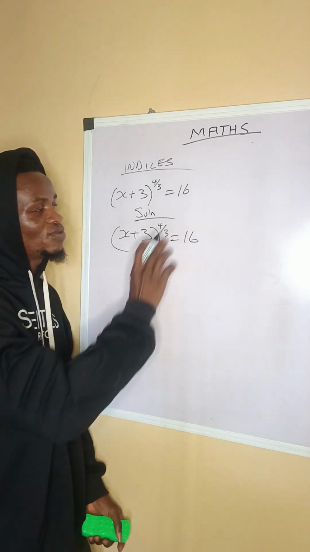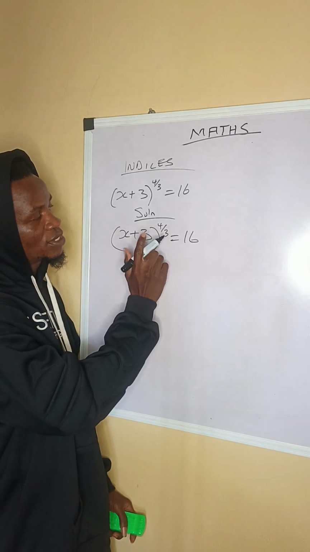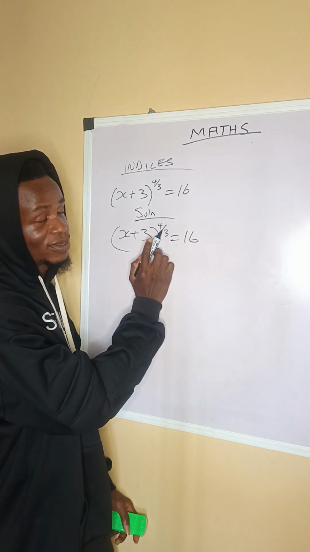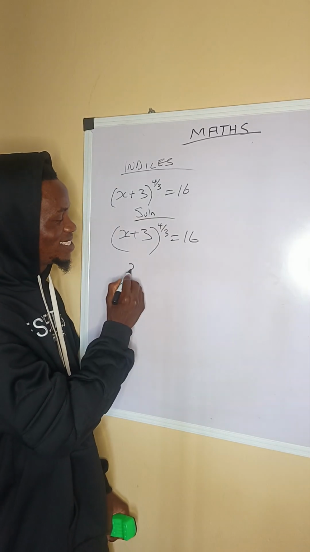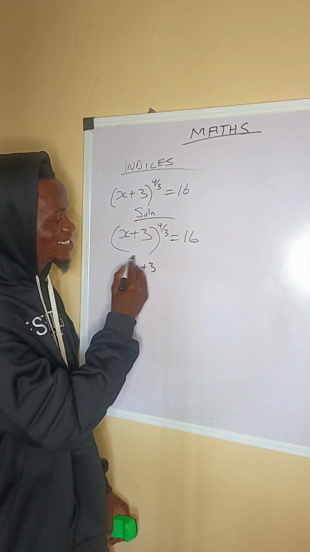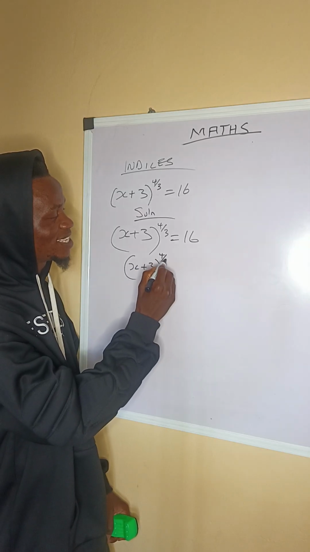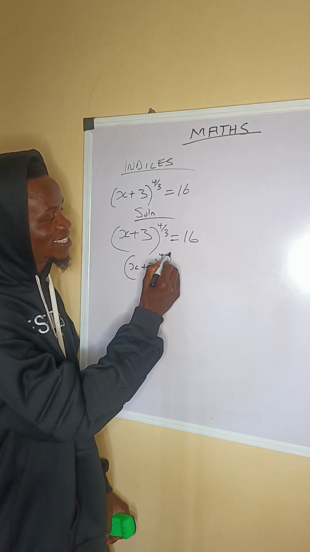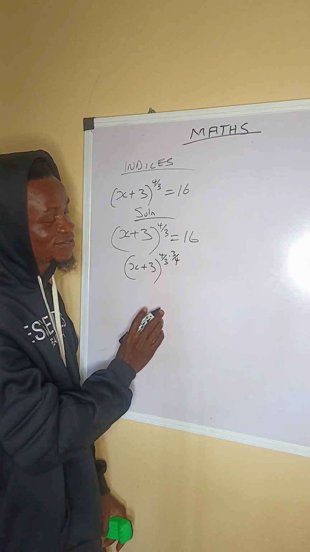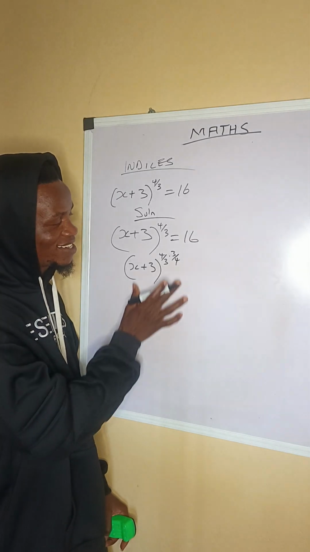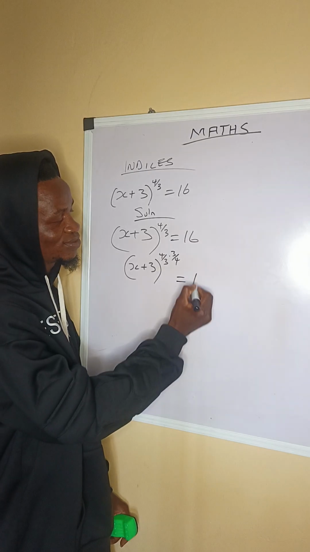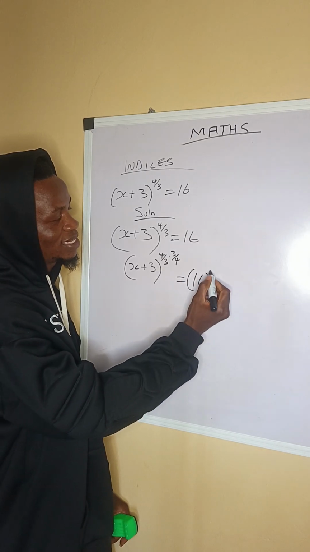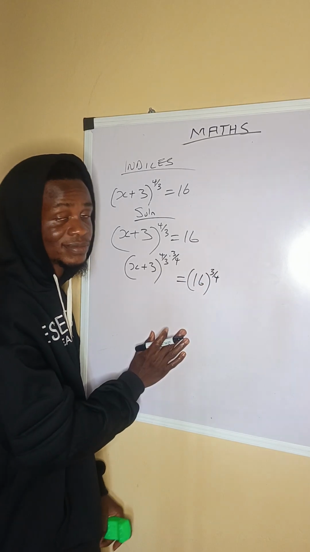So definitely, what we want to do here is multiply this power by the inverse of the power. So it becomes (x + 3) all raised to the power of 4 over 3. The inverse of 4 over 3 is 3 over 4. Now as I do this on the left hand side, I will equally do it on the right hand side, equals 16 raised to the power of 3 over 4.